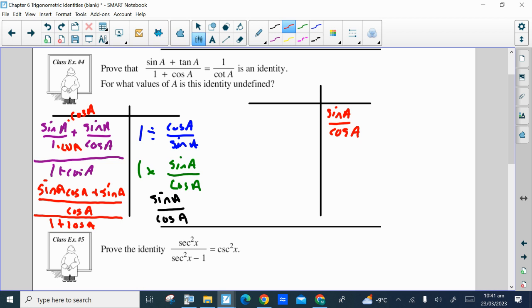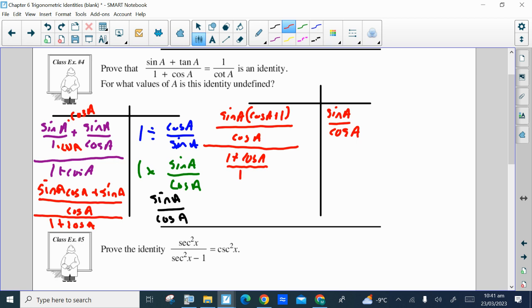So what I'm going to do now on that left side, on the top, I'm going to take out a common factor of sine A. The first term is sine A cos A. The second term is just sine A. Each of those terms has a common factor of sine A. And so when you take that out, you're going to have cos A plus 1 all over cos A, and that's all divided by 1 plus cos A, which is 1 plus cos A over 1.